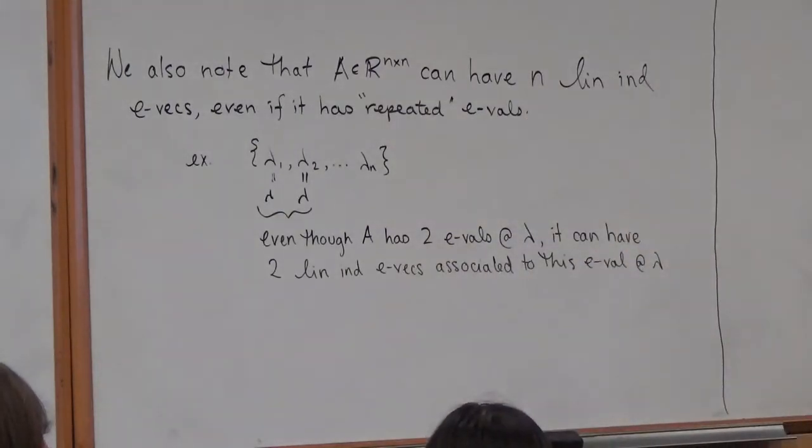And the way you would check that is you just say, okay, well, I know it has an eigenvalue at lambda. Let's compute the eigenvector associated to that eigenvalue.